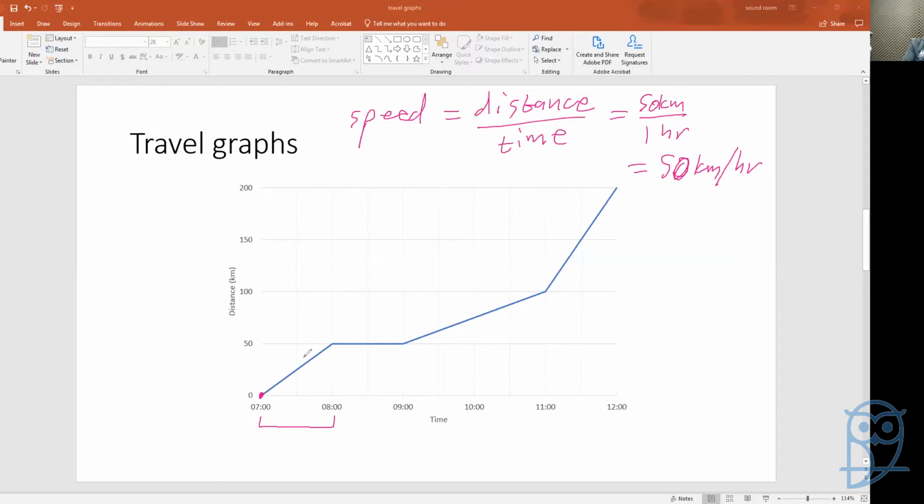So that means that if they travel at the same speed, every hour they will travel another 50 kilometers. The question says, what if it was per minute? Well, if it was per minute, you generally then use meters, and you would then have 50,000 meters divided by 3,600 seconds, so it would be meters per second.